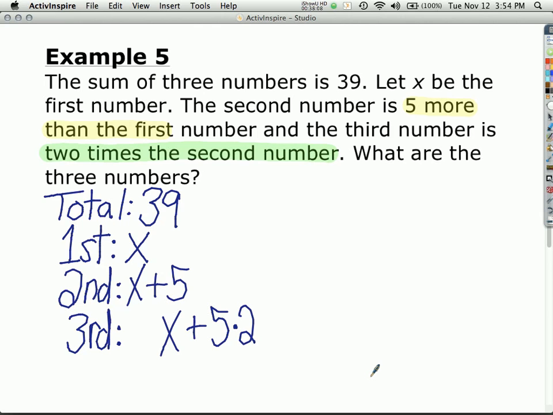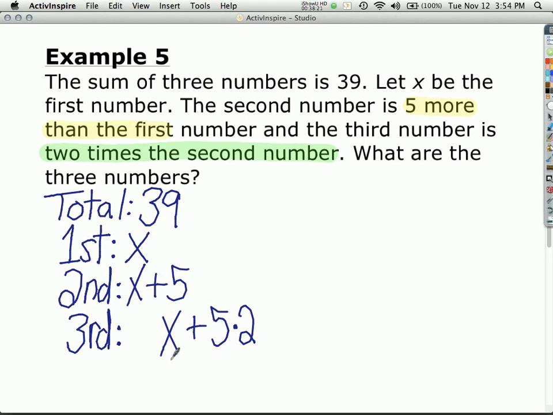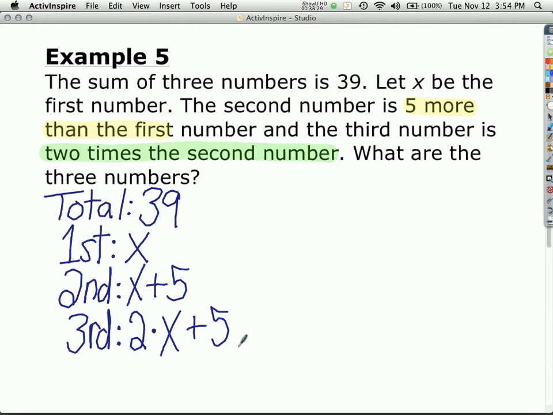Well, I'll tell you what. We're missing something really, really important, because if I put the x here, I am only multiplying it by the 5. I am not multiplying it by everything. And if I put the 2 over here, I'm only multiplying the 2 times the x. I'm not multiplying it by everything.